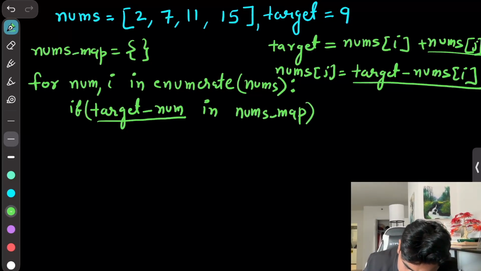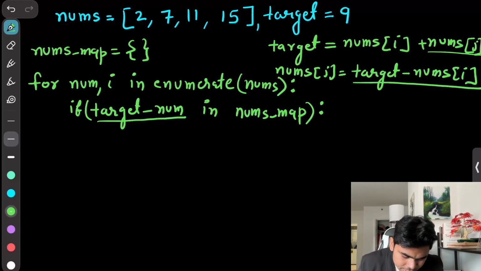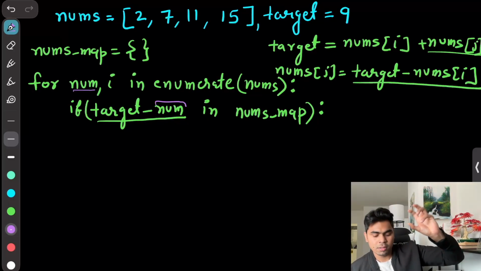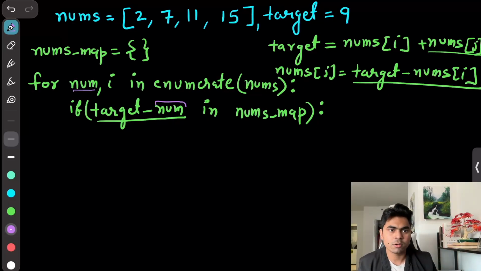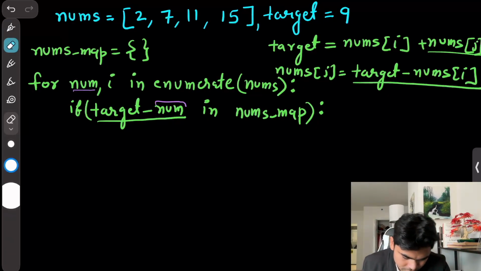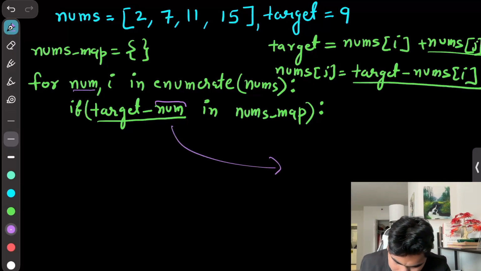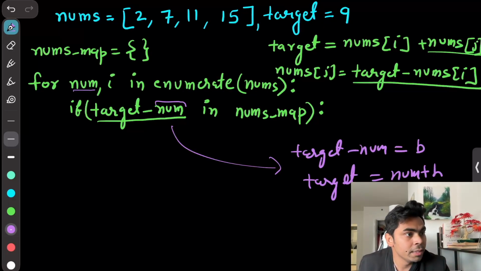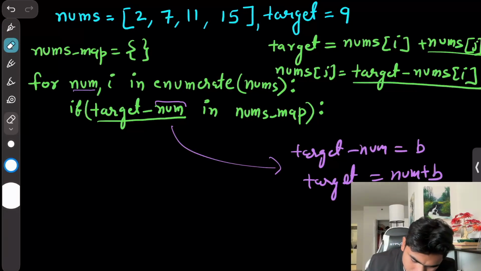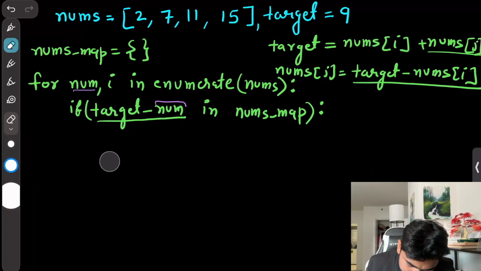What I'm checking right now is that the current number that I'm seeing here, if this plus target minus num will give me another number, if that number already exists in the map, which would definitely mean that that number plus num is equal to target. If you call that number b, then target is equal to num plus b. Okay, just to prove that what I'm saying makes sense, let's go back.